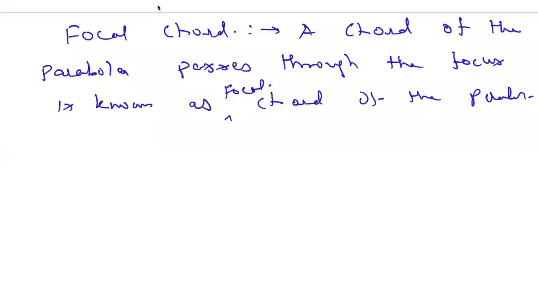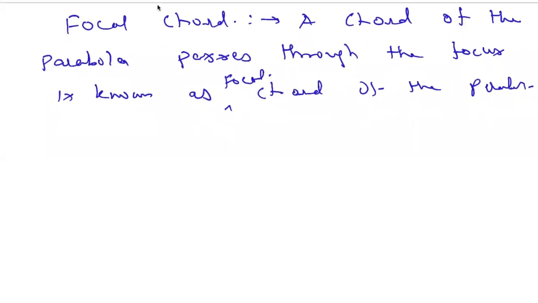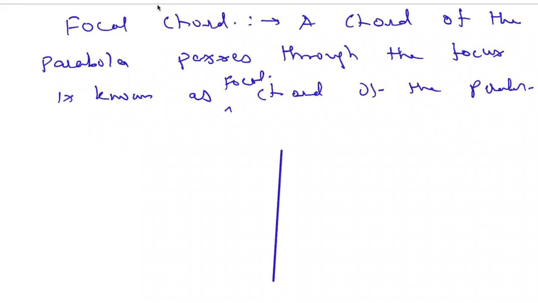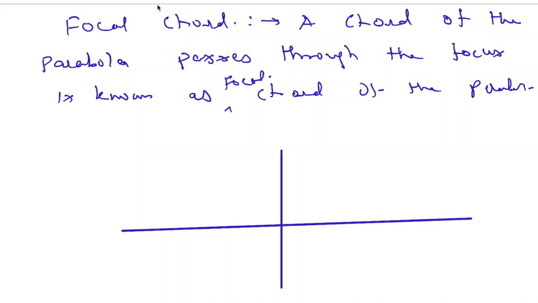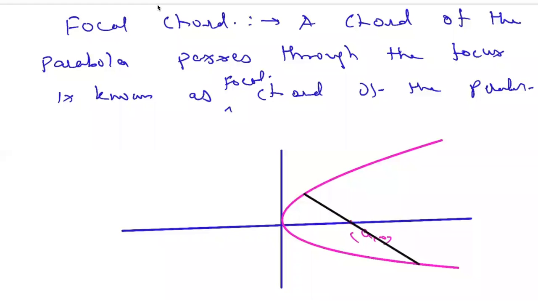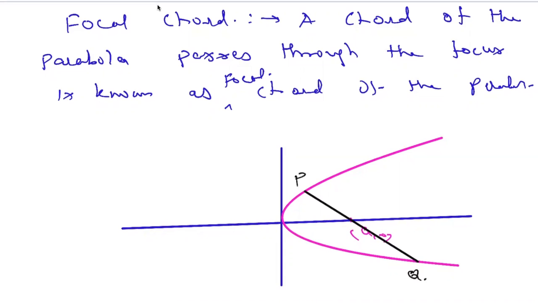If it passes through the focus, which is a comma 0, something like this, passes through the focus, p q, this is known as a focal chord.